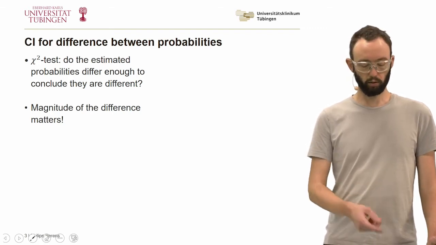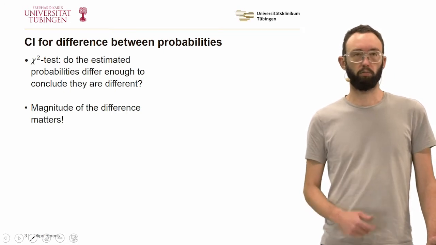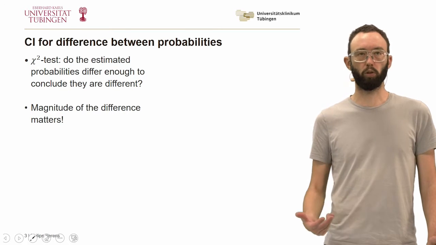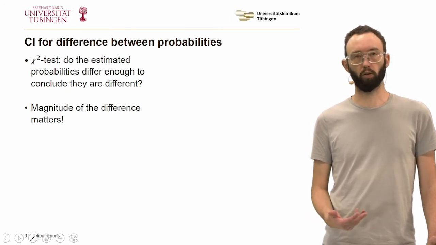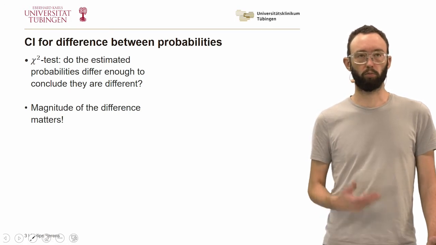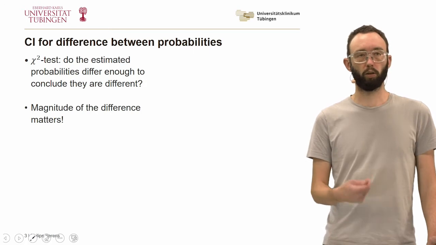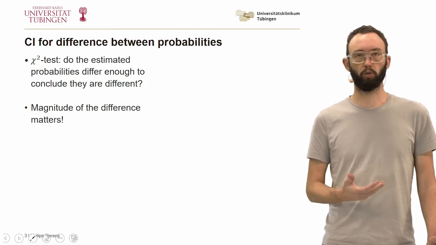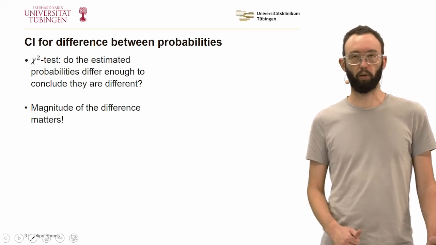The chi-square test allowed us to determine whether two estimated probabilities are different enough to conclude that they are actually different. But of course, in many scenarios, the magnitude of this difference matters. And before we come to the paired test, we would like to show you how to compute confidence intervals for differences between probabilities in two independent samples.